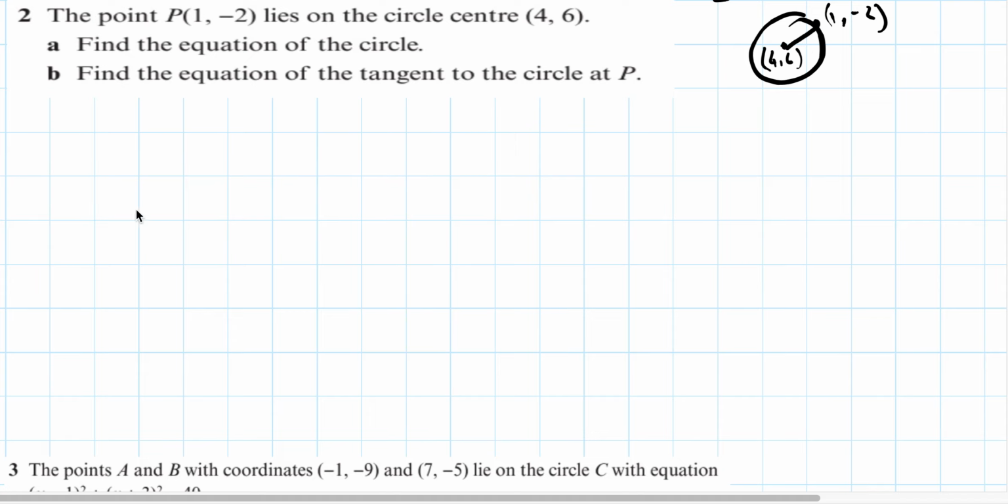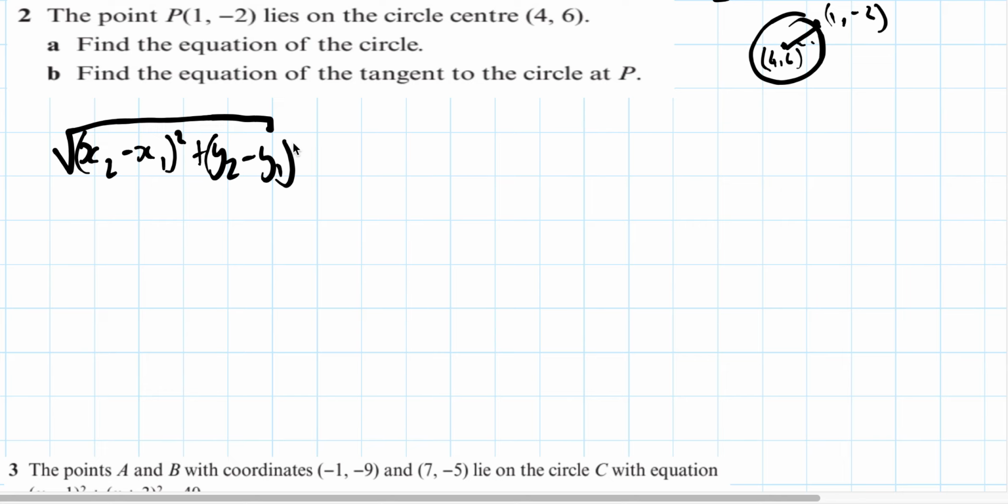To do that, I'm going to use Pythagoras. I could draw out the triangle on the circle, or I'll just do it in my head: x2 minus x1 squared plus y2 minus y1 squared. So I'm just doing Pythagoras on the 2 points.